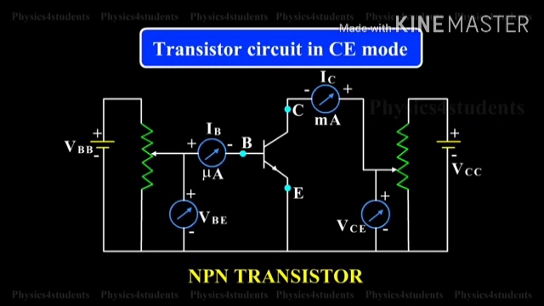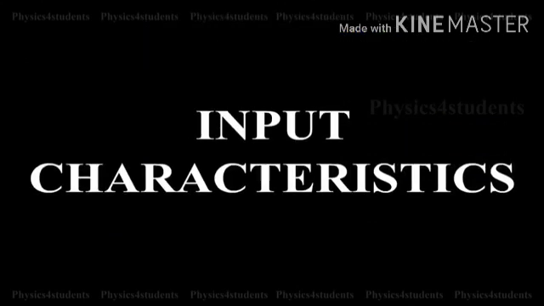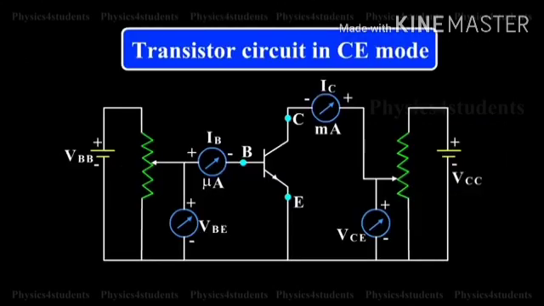First we see the input characteristics. In the input characteristics, we measure the input current IB by changing the voltage VBE at a constant VCE.